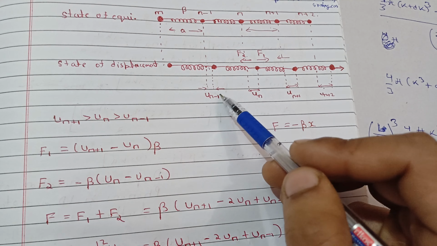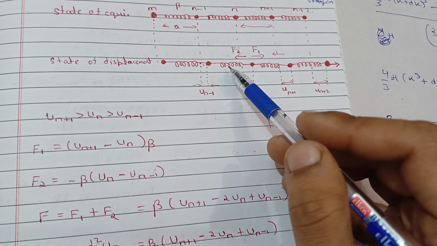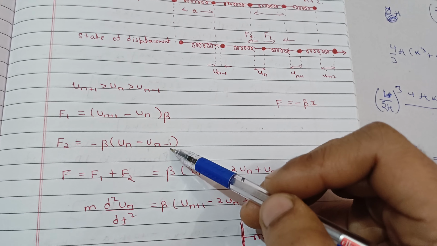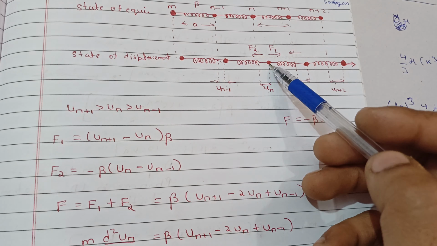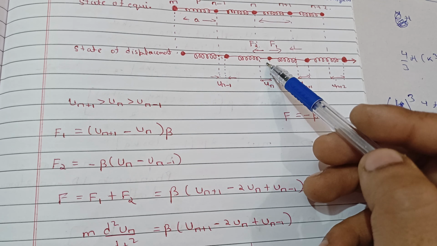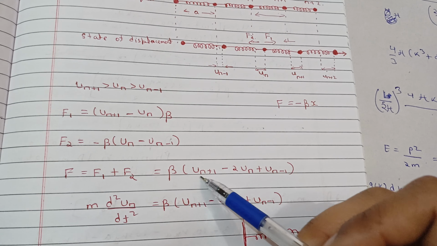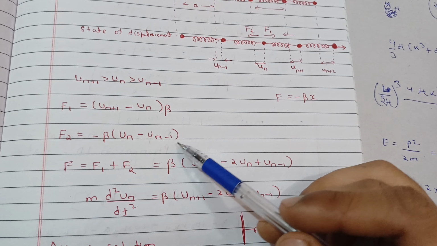The displacement is u(n) minus u(n-1), so F2 equals minus beta times this. The total force on the nth particle is F1 plus F2, so the total force will be beta times u(n+1) minus 2u(n) plus u(n-1).